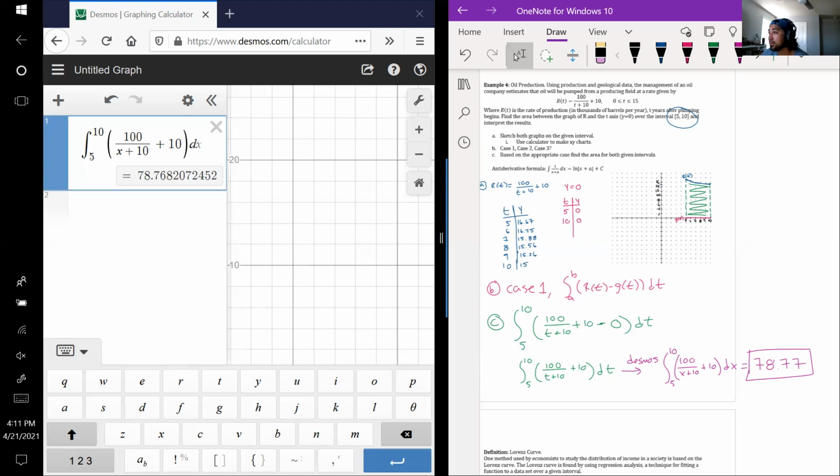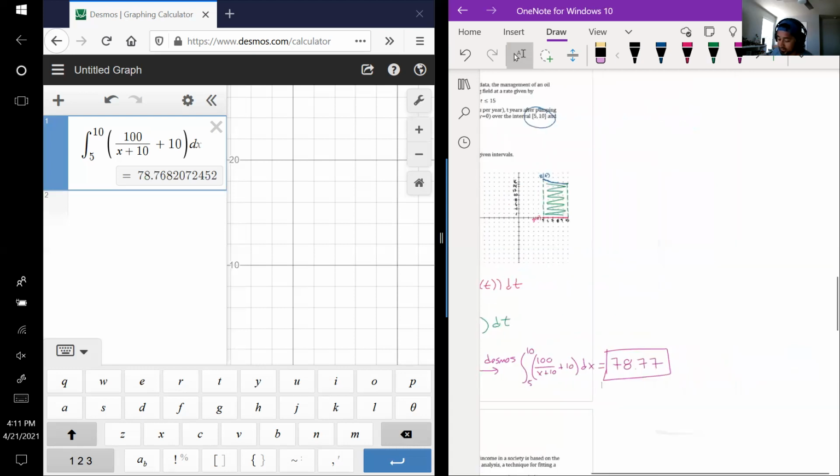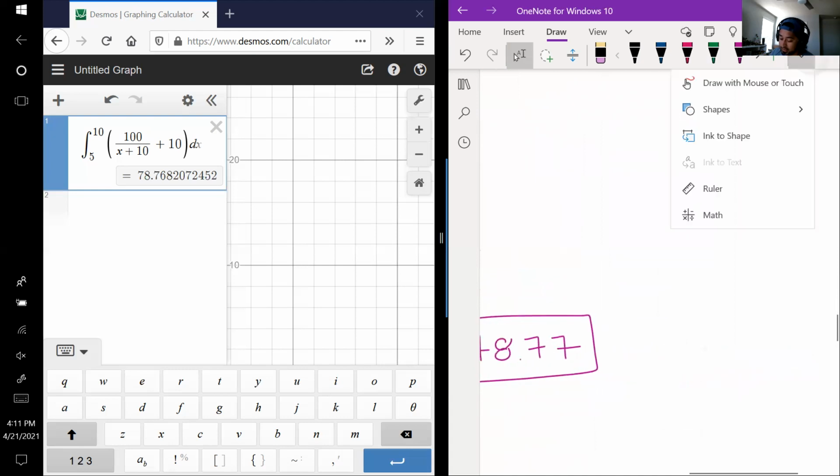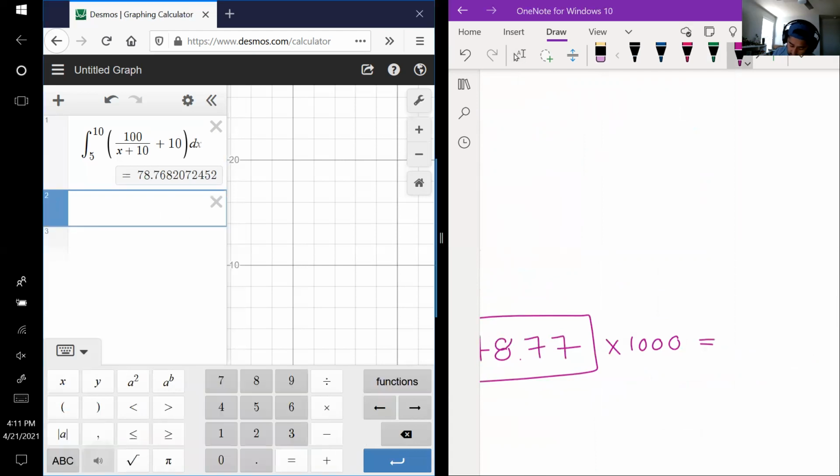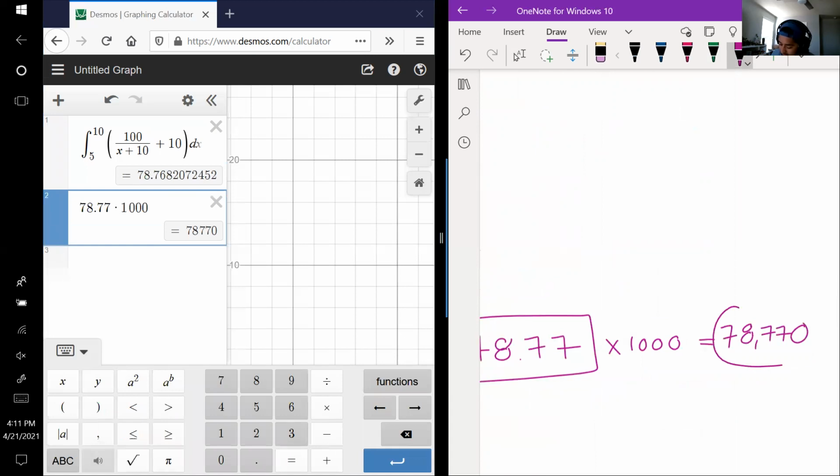So what we're going to say with their answer is that from 5 to 10 years, we are going to produce 78.77, whatever that is, times 1,000. So in the span of 5 to 10 years, we are going to make 78,770 oil barrels.